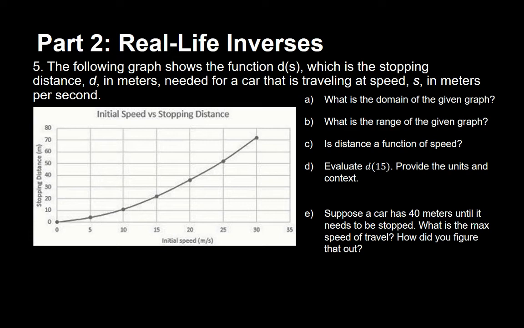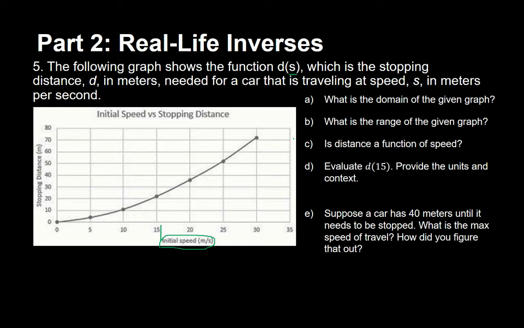Okay, so we're going to talk about another one that has to do with speed and distance. The following graph shows the function d of s, which is a stopping distance d in meters, needed for a car that is traveling at speed s in meters per second. So we have the speed as the input, and that's what this function notation is telling us, that speed s is the input.